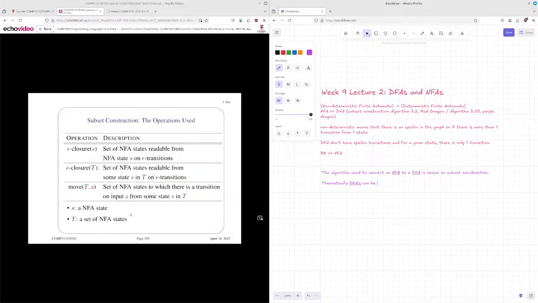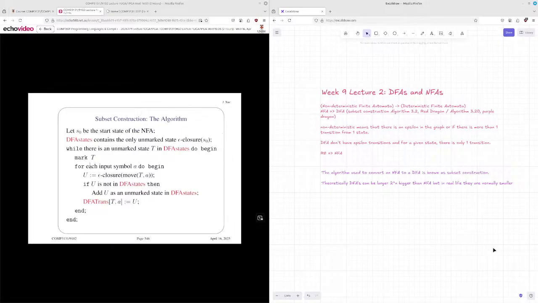So I normally wouldn't go through this. Normally you introduce the algorithm, you have all the notations, and once you have seen my working out of the example, you should be able to understand that. For example, epsilon closure: you start with a state S, and epsilon closure gives you the set of states you can reach by following only epsilon transitions.